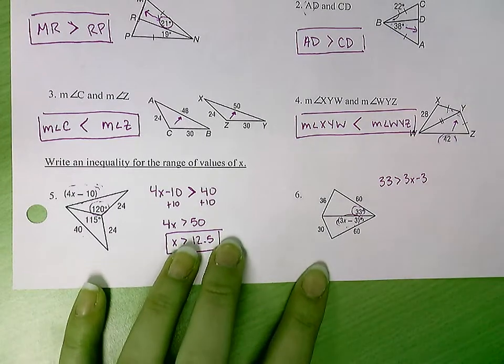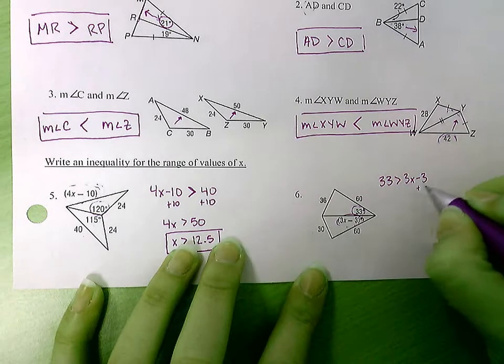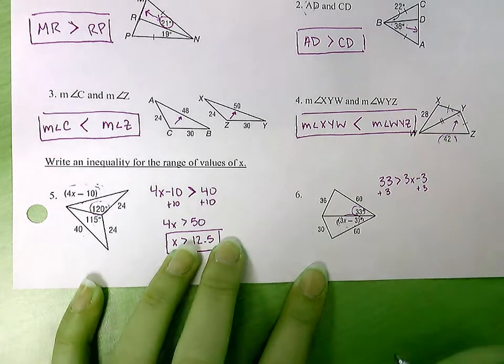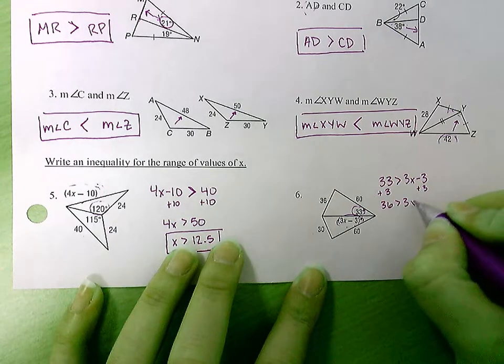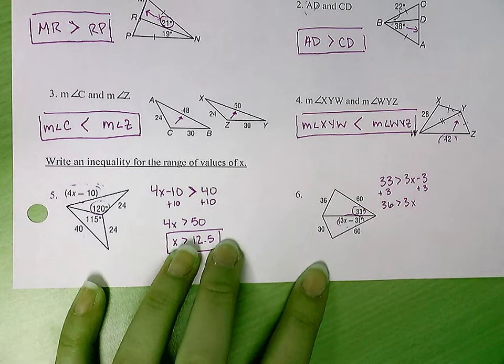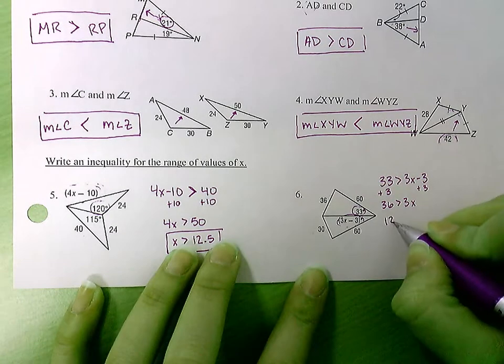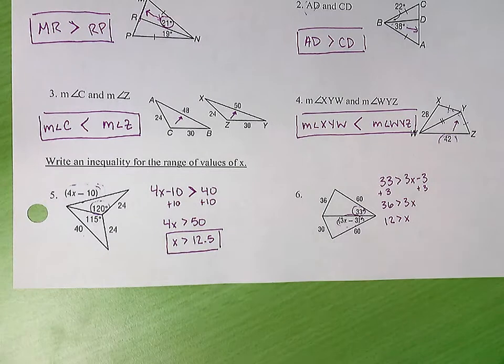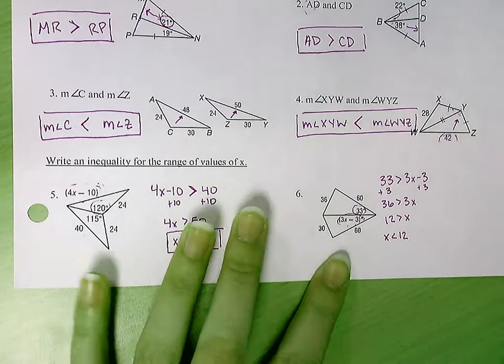Okay, again, I can now solve for x. So I'm going to add 3. So I have 36 is greater than 3x. Divide both sides by 3. Okay, I get 12 is greater than x. Now I want to rewrite this so that I have x on the left and 12 on the right. So when I do that, I could read it as x is less than 12. Right?